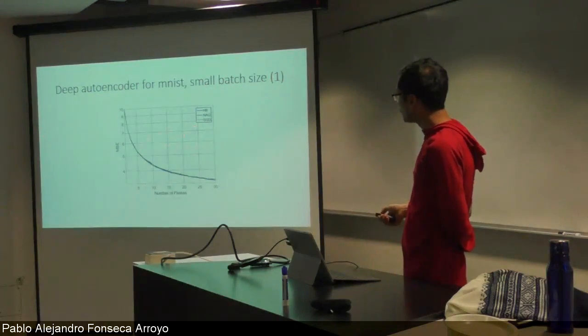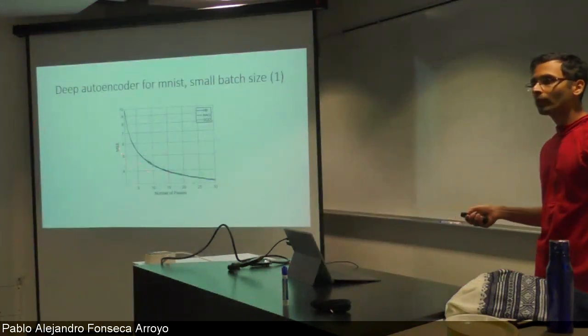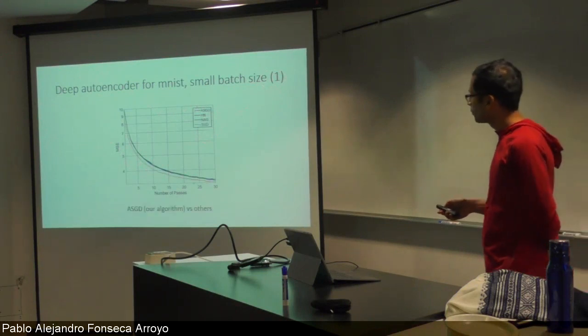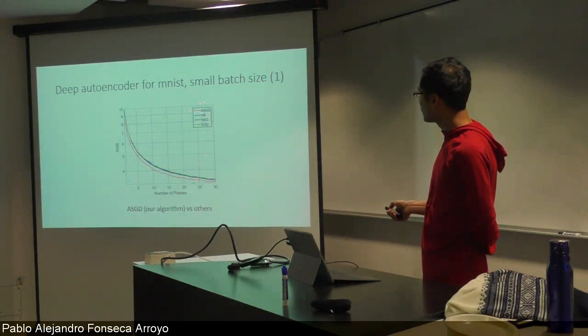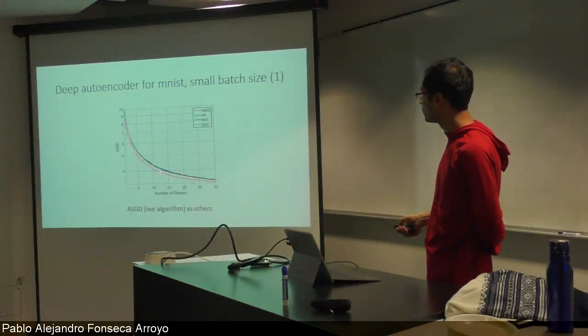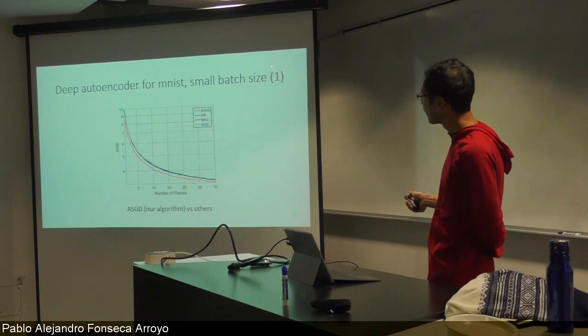Here we see plots for stochastic gradient descent, heavy ball, and Nesterov, and all of them are pretty much on top of each other, and we don't really see any improvement for heavy ball and Nesterov over SGD with this very small mini batch size of 1. At the same time, if we use the accelerated algorithm ASGD, we do see some improvement in the speed of convergence compared to all of the other 3 methods. So this is for this very small mini batch size of 1.